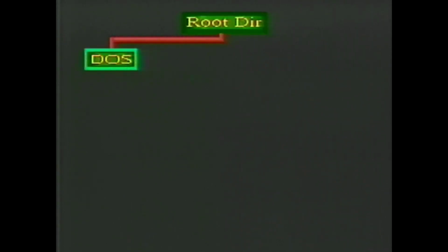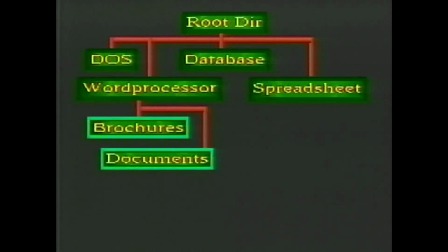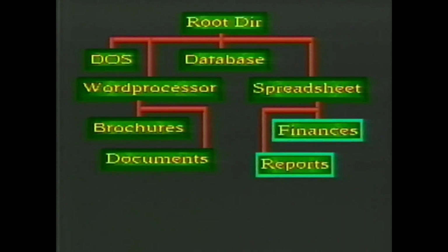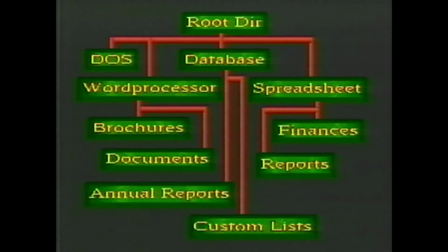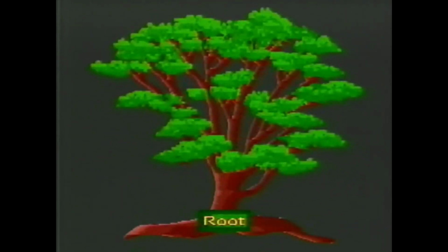This is what DOS looks at when you first boot the computer and get the C prompt. Then DOS has its own directory. Other directories would be for the programs we mentioned earlier. Then each of the programs could have subdirectories of their own. The structure of these directories is referred to as the directory tree, because the different branches from the root directory resemble a tree.